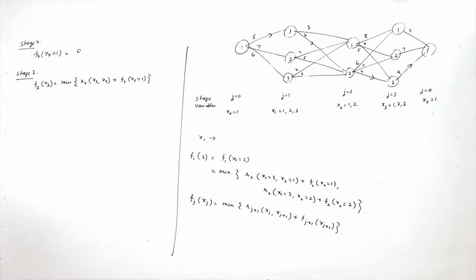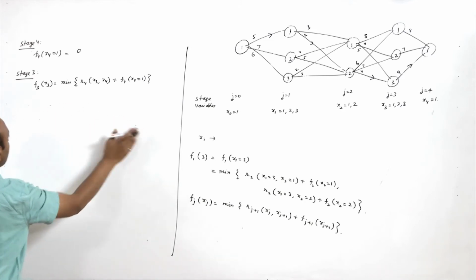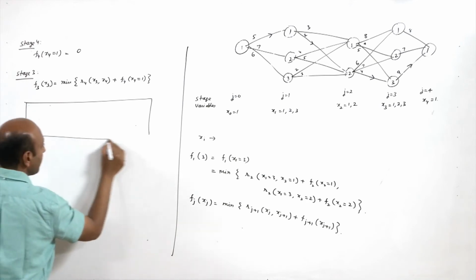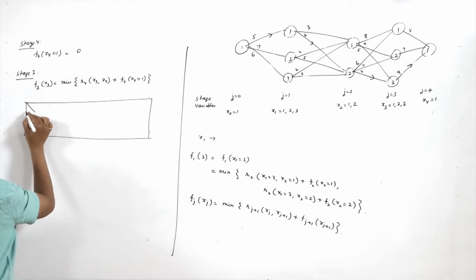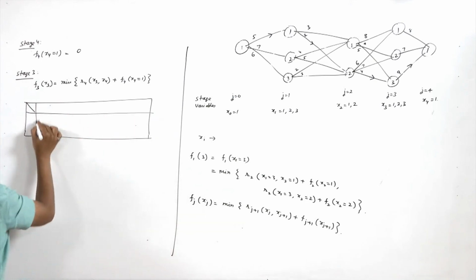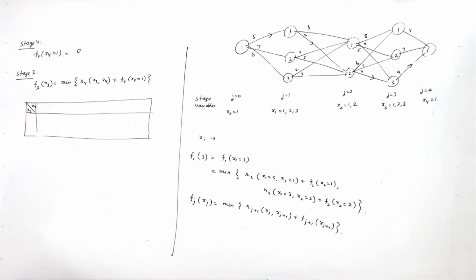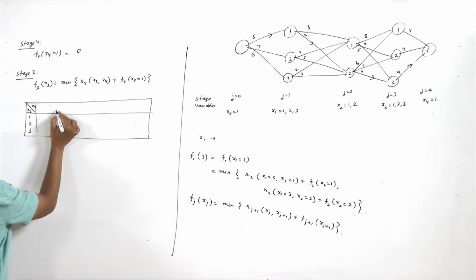Now how can we make a table for this? The table is very simple. We have x3 and x4. x3 values are 1, 2, 3, and here x4 is only 1.